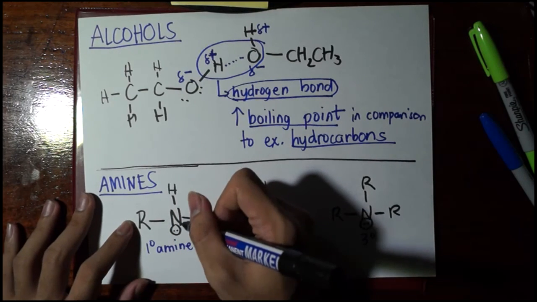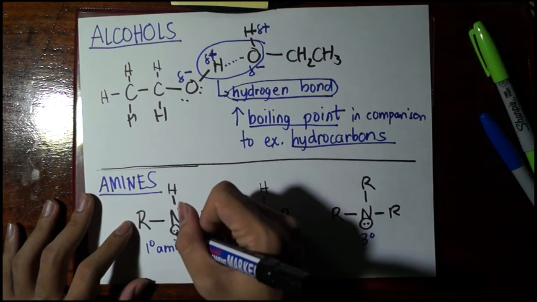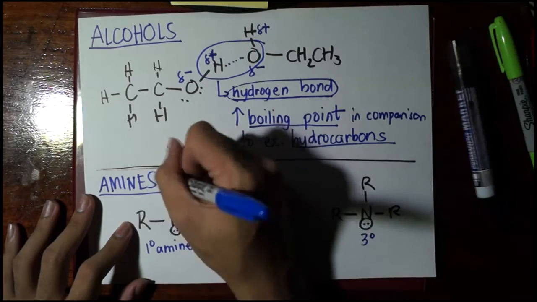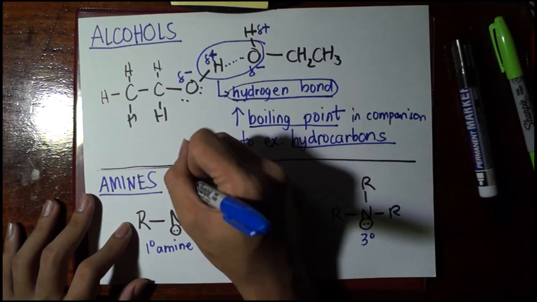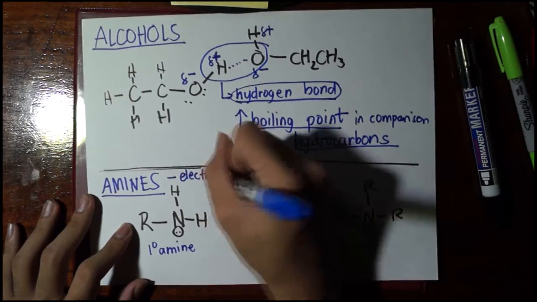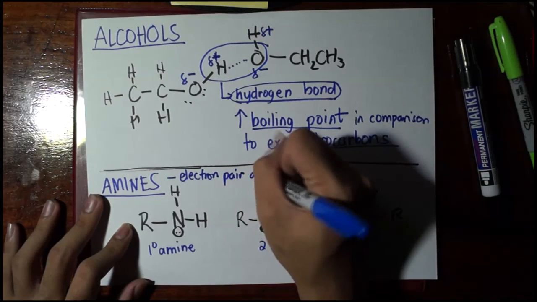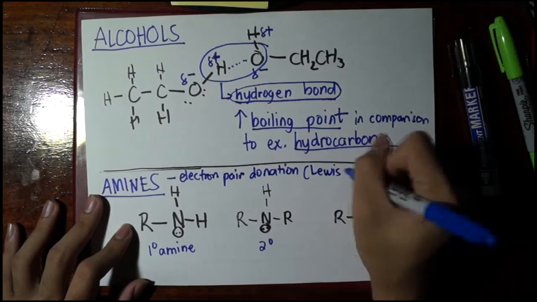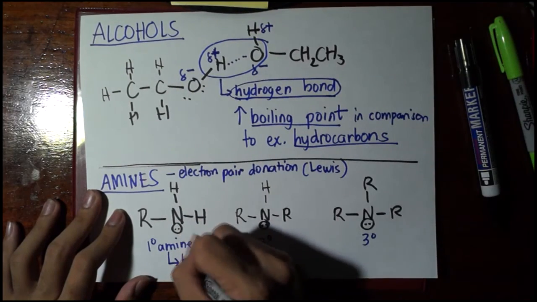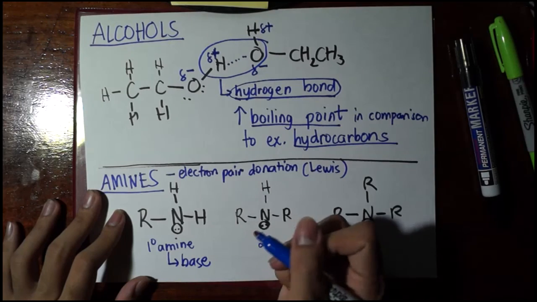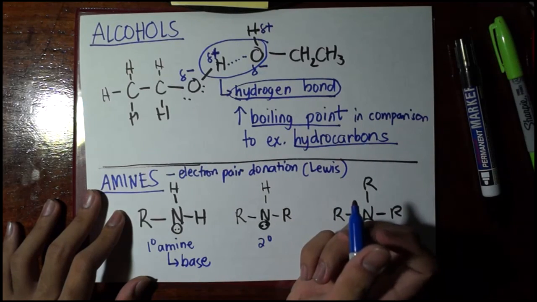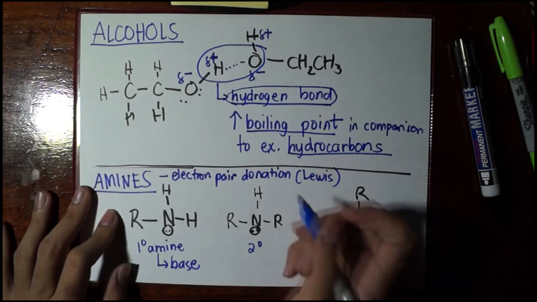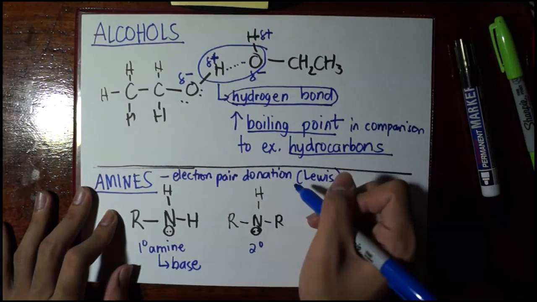Yes, I am electronegative, but compared to oxygen, I can give them more freely. And since this is an action of electron pair donation, by the Lewis definition, this is a base, because an acid is an electron pair receiver or acceptor, and a base is an electron pair donor.